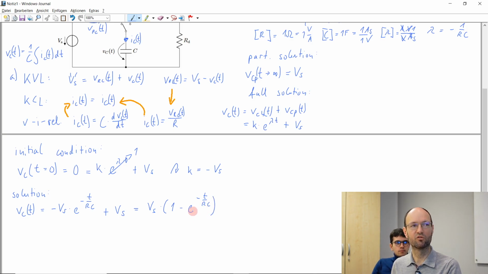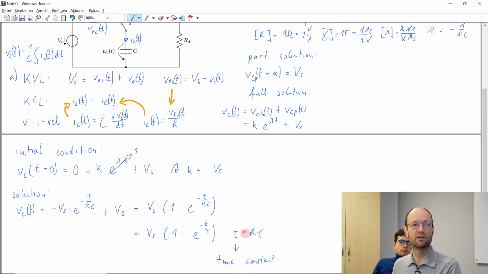And what is also, let's say, common is to say it's the same equation, 1 minus e to the minus t divided by tau, and then this tau is R times C, and this is called the time constant of this charging time function.